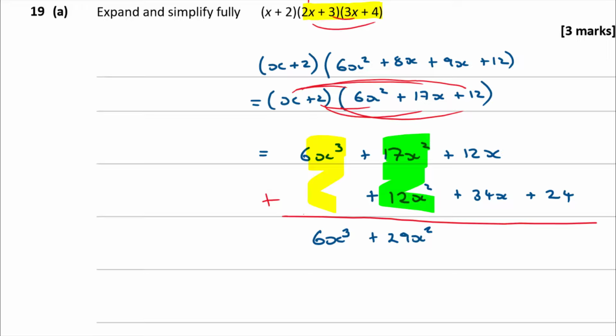And in my next column along, I've got 12x and 34x, which is going to give me 46x. And then finally, I've just got that 24 on the end, which is just going to give me my last term of 24. Okay, that's the solution. 6x cubed plus 29x squared plus 46x plus 24.